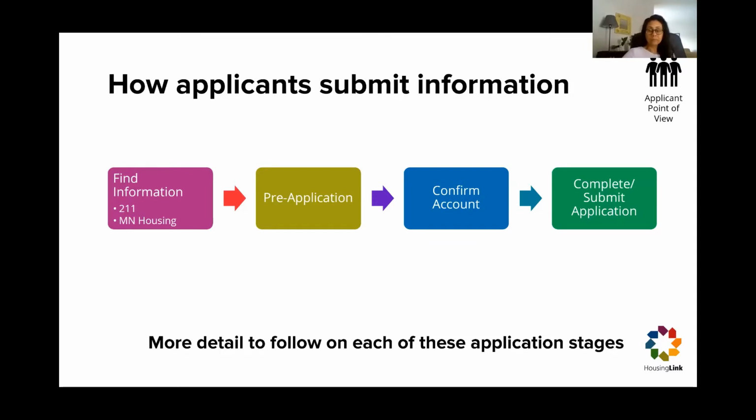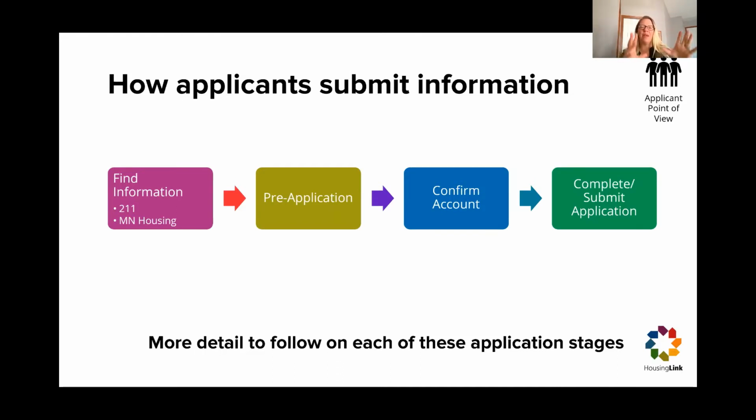There's the pre-application, which is the qualifying screening questions. If they don't qualify for the program, if they earn too much income or don't have a COVID impact, they will get a denial page.